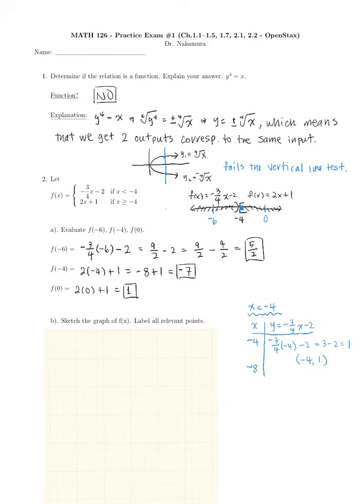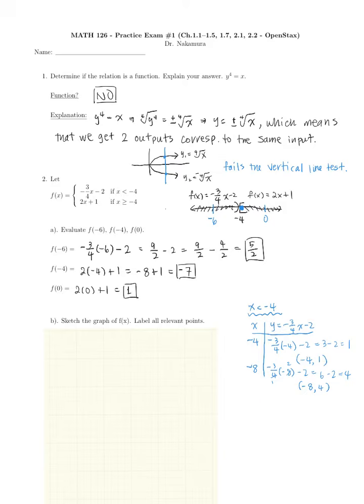So when x equals -8, what we're going to get is what? -3/4 times -8, and then -2. So that's going to give us what? 4 goes into 4 once, and then 8 twice. Both negative, so it's going to have what? -3 times -2 is +6 minus 2, which is going to give us 4. So we need to plot -8, 4 somehow on the graph.